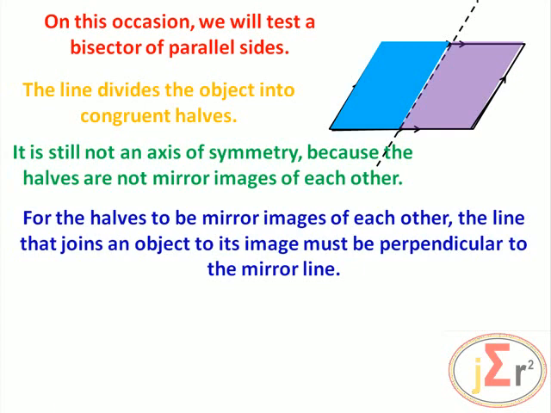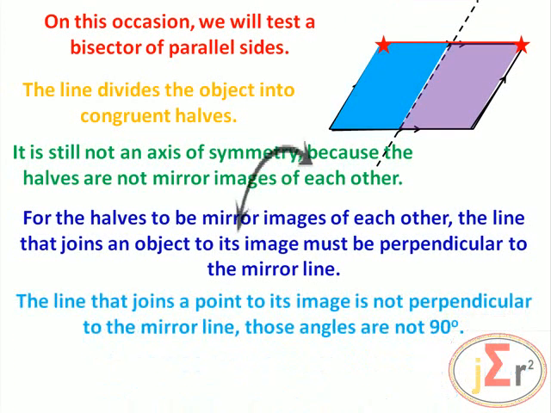For the halves to be mirror images of each other, the line that joins an object to its image must be perpendicular to the mirror line. So if we put 2 points there, corresponding points, and we draw a line like that, then that line is not perpendicular to what we propose to be the mirror line.